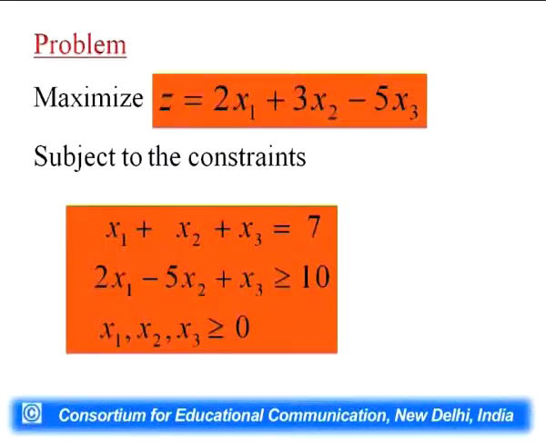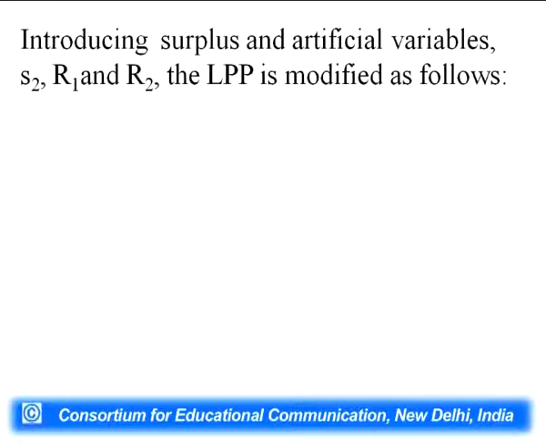Basically, we understand the objective function, we understand the constraints. Of course, the non-negativity constraint is also there, which says that x1, x2 and x3 are all greater than or equal to 0. They cannot have negative values.